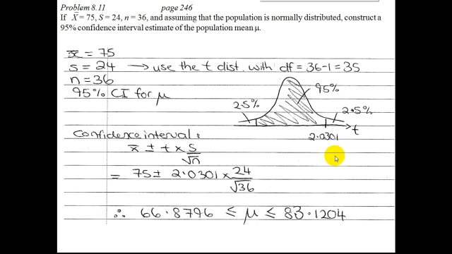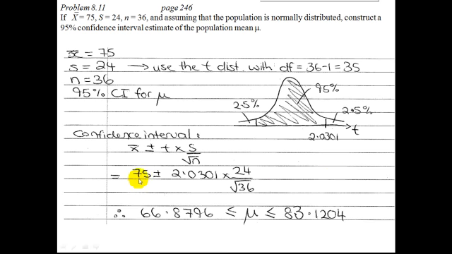As soon as we've done that, we've pretty much finished with the diagram. Really now it's just a matter of substituting in the values and then doing the number crunching on our calculator. But please don't forget, confidence intervals, they're always that same format. Point estimate plus or minus critical value times standard error. So we just need to put all of those values into our formula and then into the calculator, and we'll have our result.